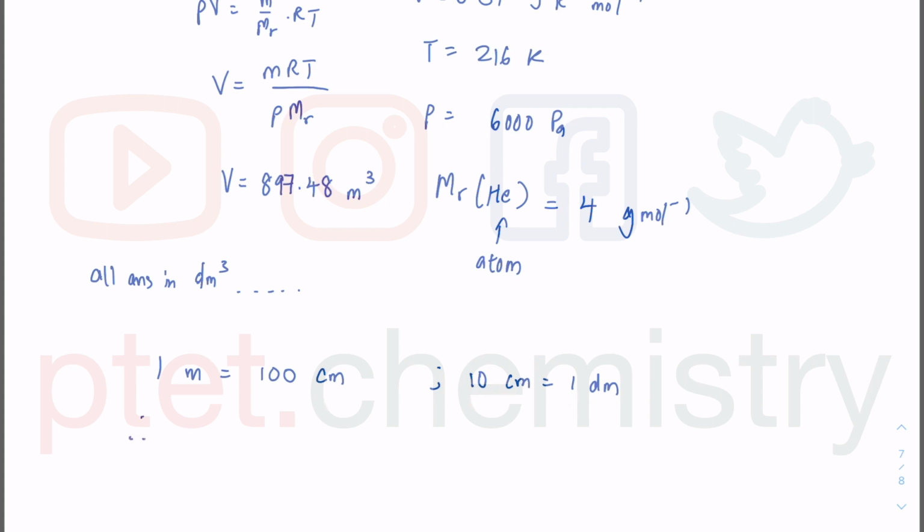Therefore 1 meter is equal to 10 dm. That's just the way I think, and it might not be your favorite way of thinking, but at the very least, I can get what I want.